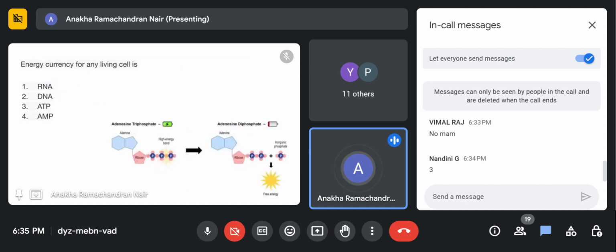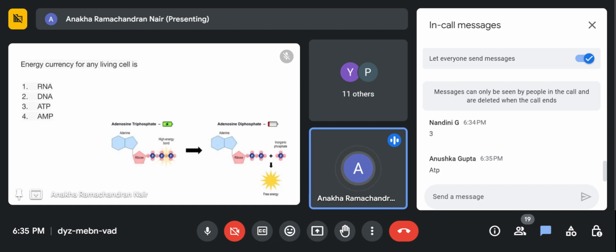The next question is that the energy currency for any living cell is RNA, DNA, ATP, or AMP. Which is the energy currency that all living cells use? Yes, the answer is ATP. Adenosine triphosphate is the correct answer.